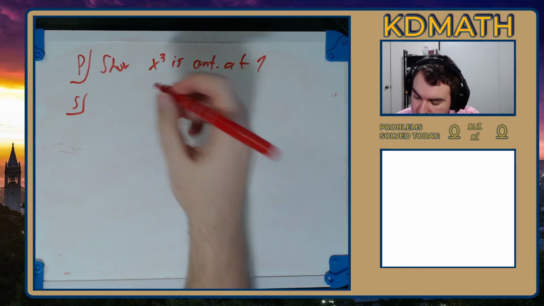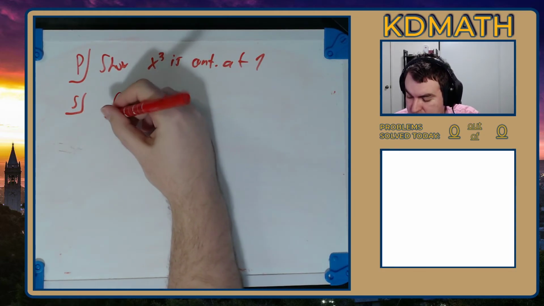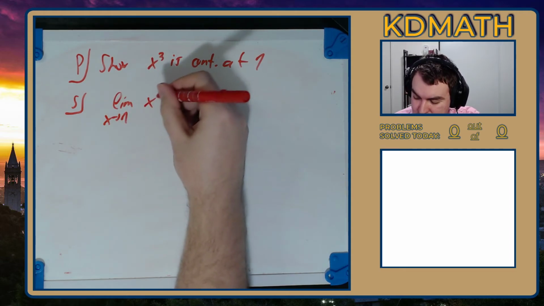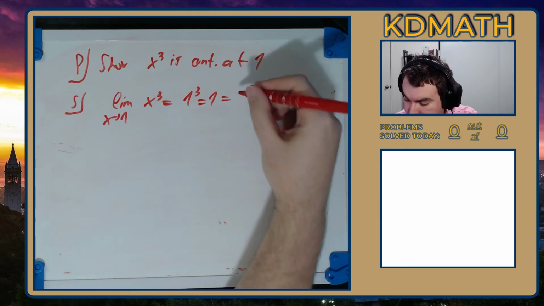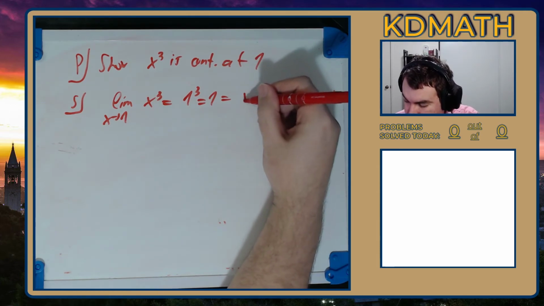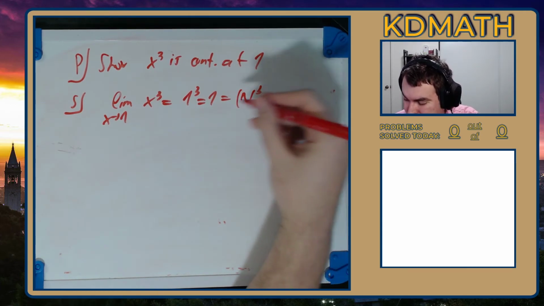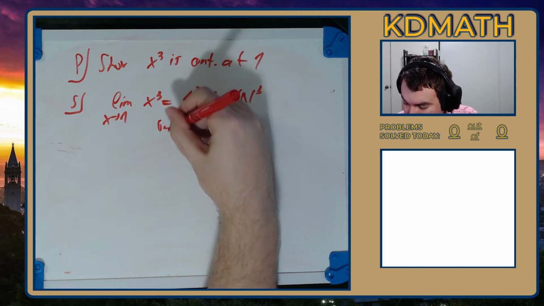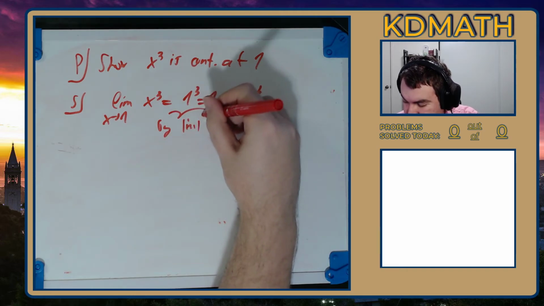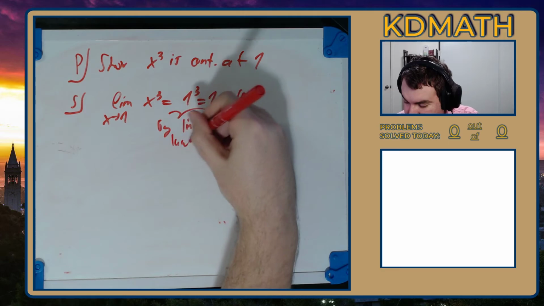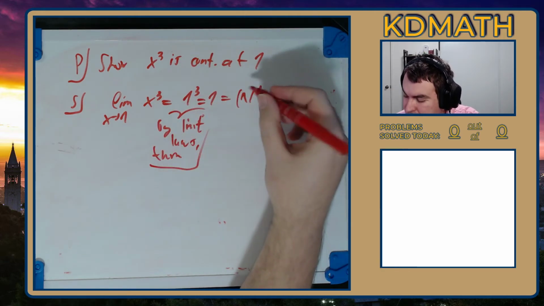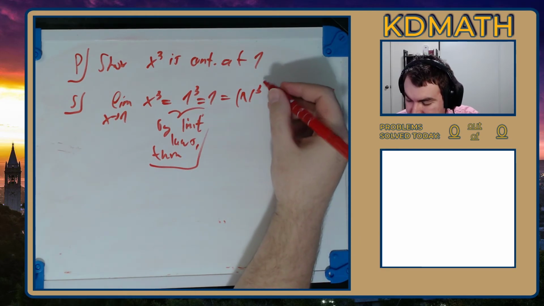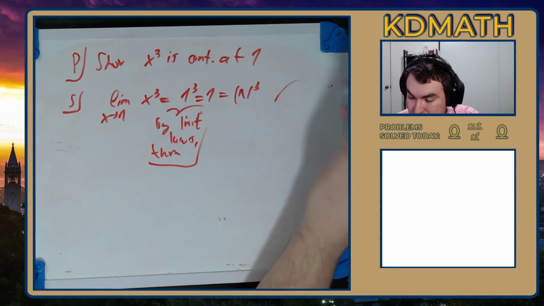Solution: the limit as x goes to 1 of x cubed equals 1 cubed, which equals 1, which equals 1 cubed. And this is by limit laws or theorem, or whatever you want to call it. And then 1 cubed is exactly the evaluation of x cubed at 1, so we're done.